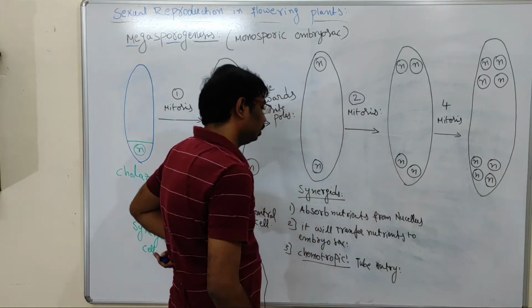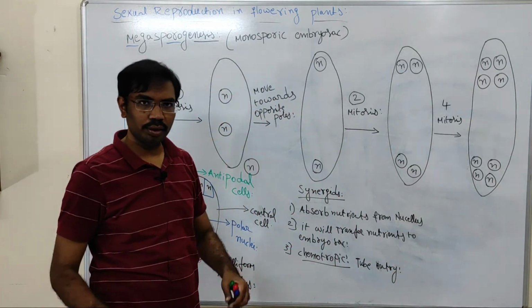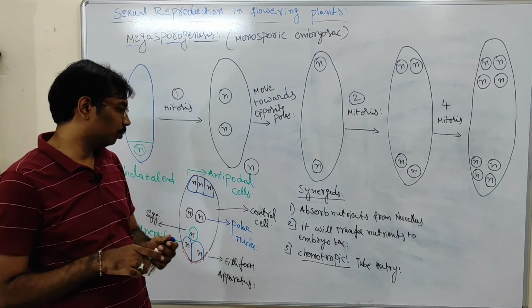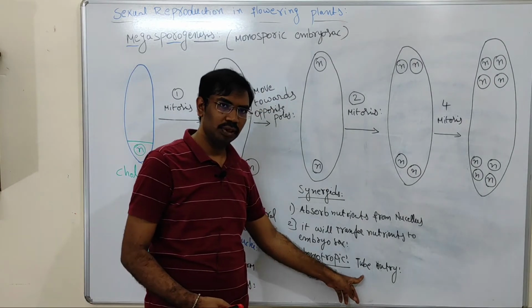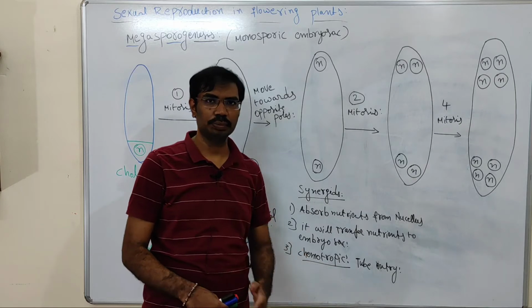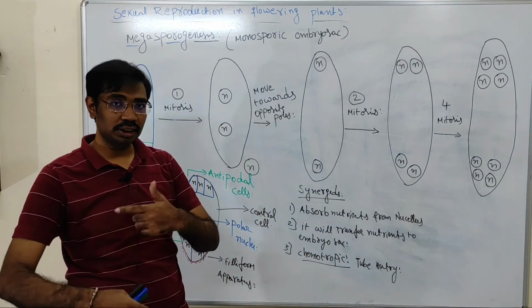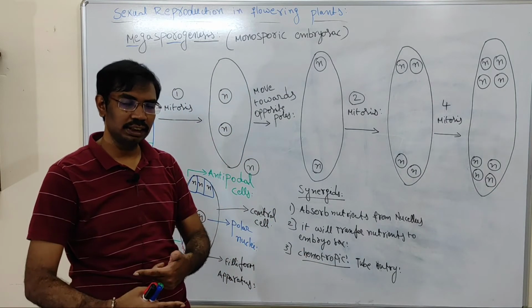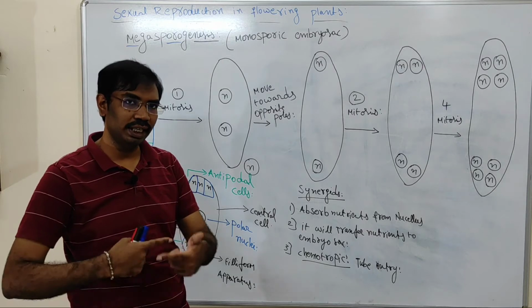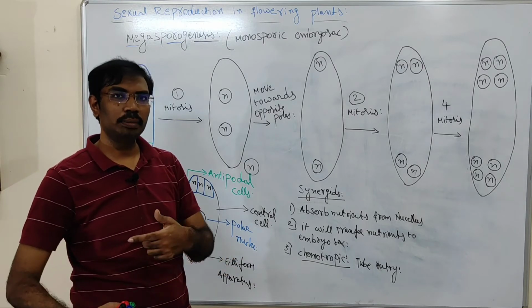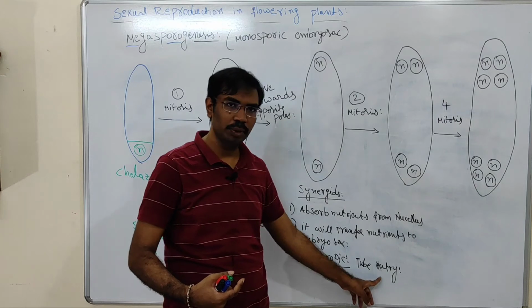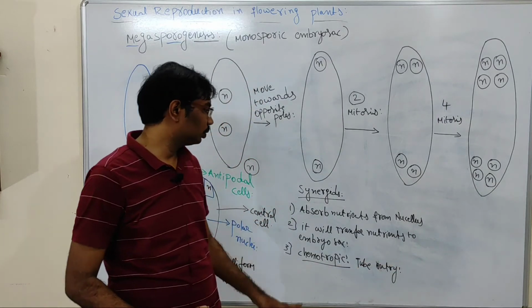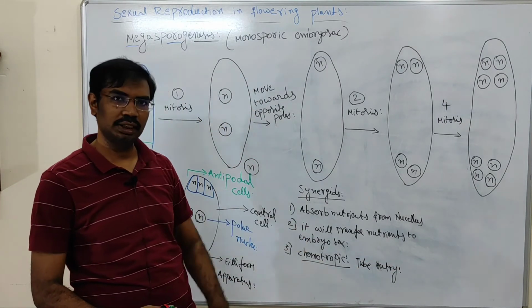The pollen grain germinates and produces the pollen tube. That pollen tube can enter into the embryo sac with the help of these chemical substances. The chemicals produced by the synergids guide the pollen tube and encourage its movement into the embryo sac. So these are the functions of the synergids.